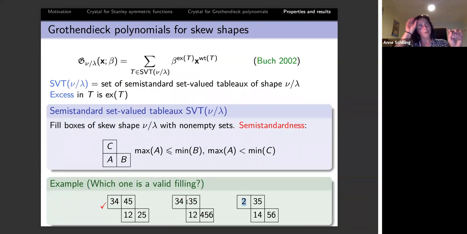So one point was that we wanted to find some sort of local crystal. By local, I mean the f_i only acts on the factors i and i plus 1, not everywhere, on all the factors.